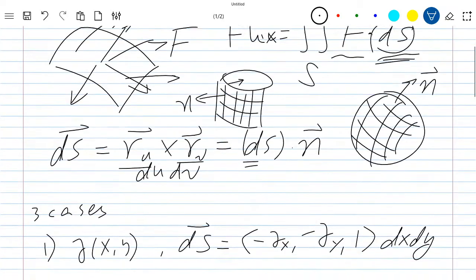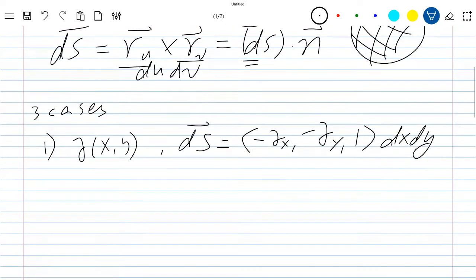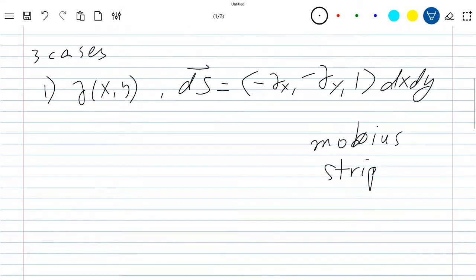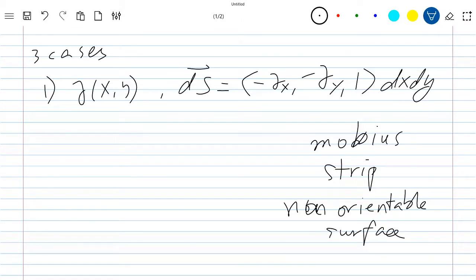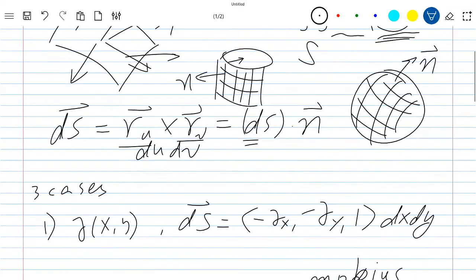But choosing one of them is not always possible, and there is something called a Mobius band, Mobius strip. You can check online. This is an example of something called a non-orientable surface, which means you cannot consistently choose a positive direction.